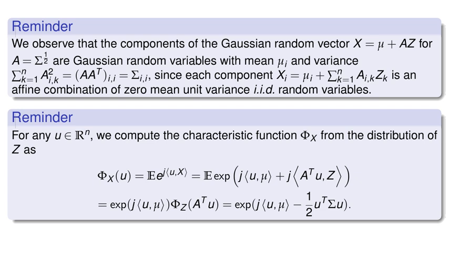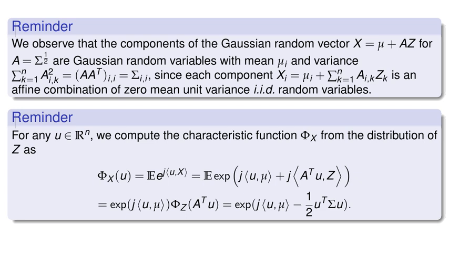This expands to the expectation of exponential of j inner product u mu plus j inner product u with Az. Using the transpose property for the inner product, inner product u with Az equals inner product A transpose u with z. So phi sub x of u equals exponential j inner product u mu times the expectation of exponential j inner product A transpose u with z.